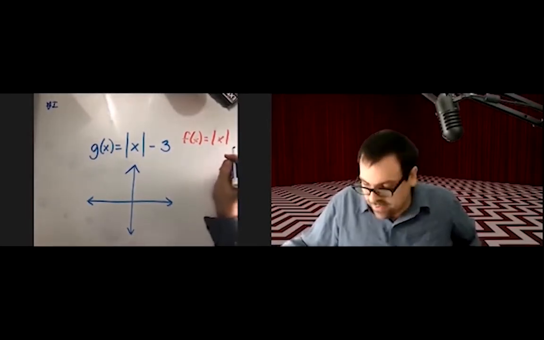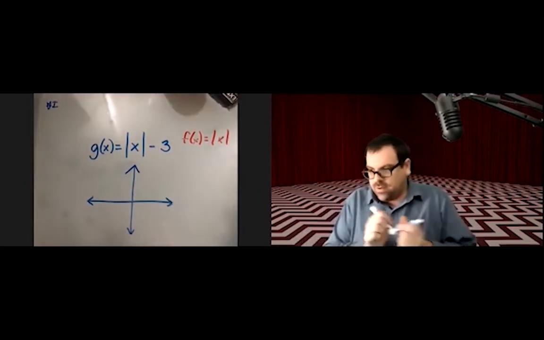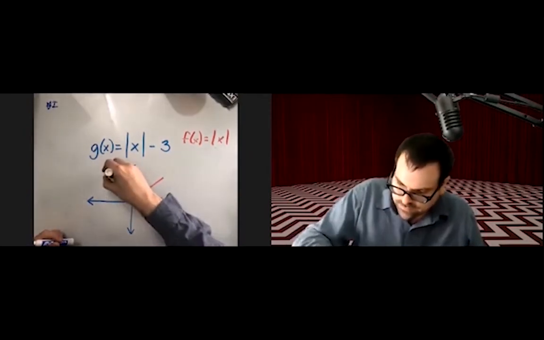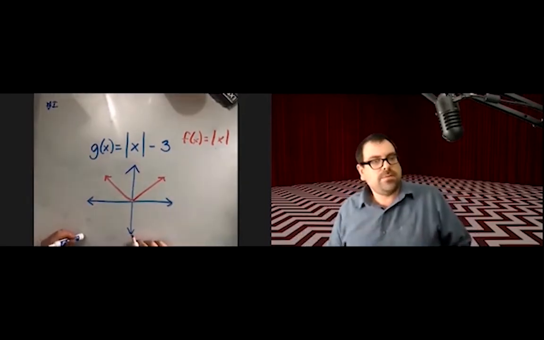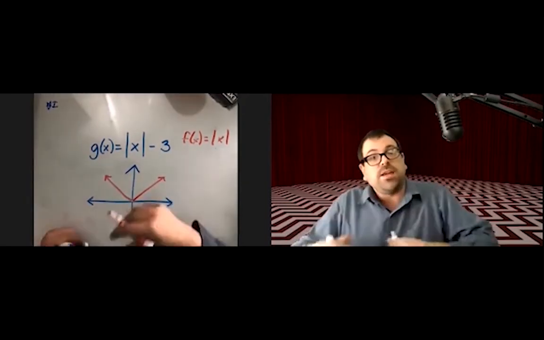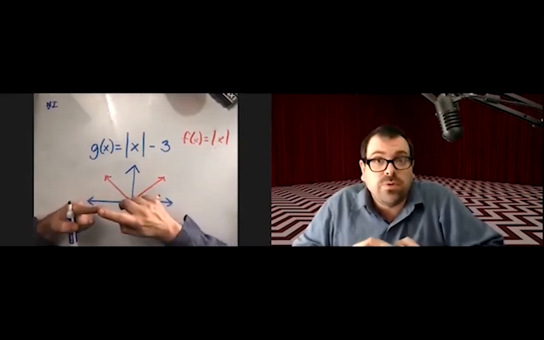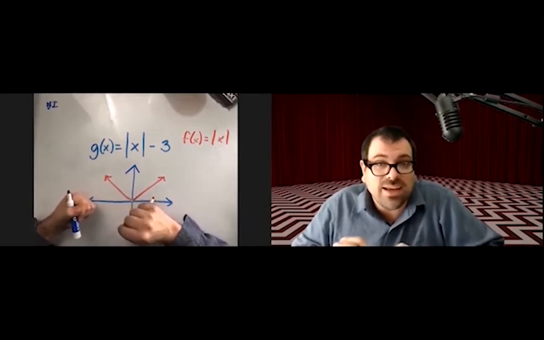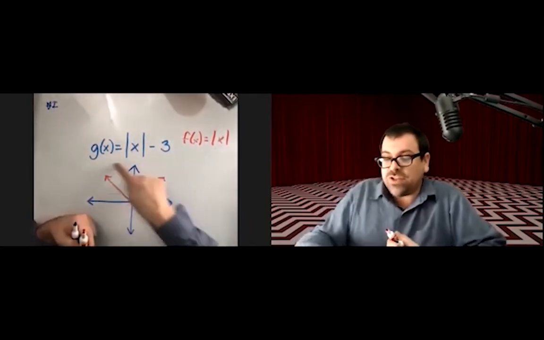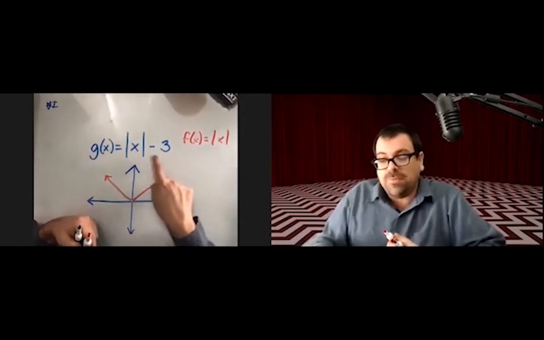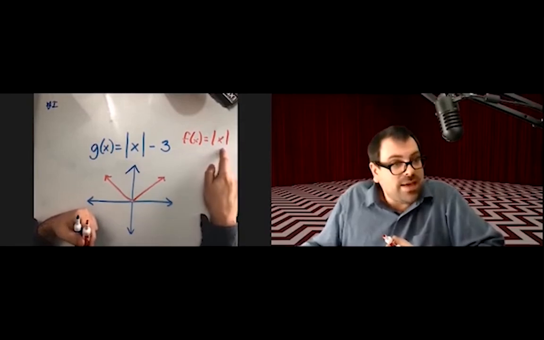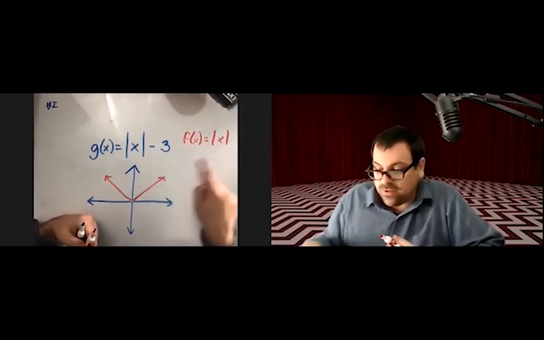Parent function's the absolute value of x. We know what that looks like. That looks like that. So when I'm saying you need to know those shapes, you need to know that something that has a function that looks like that has a graph that looks like that. When we see a function that has an absolute value in it, we know the absolute value parent function is the absolute value and that it looks like this.